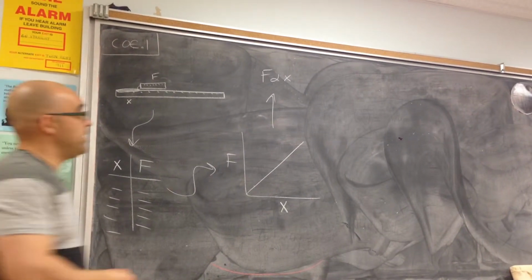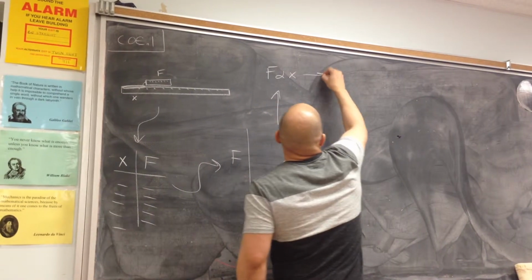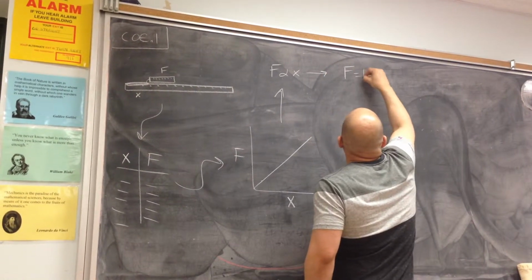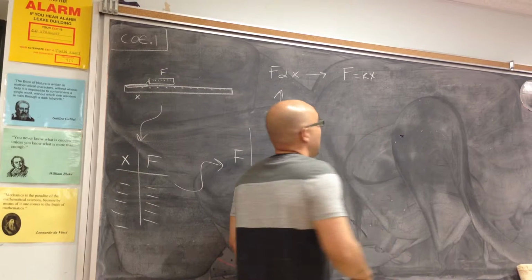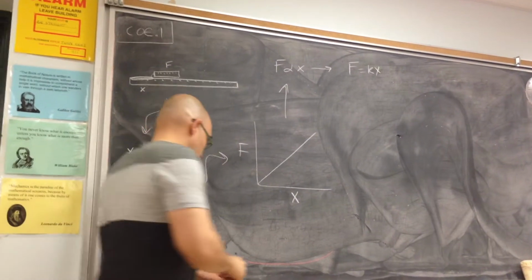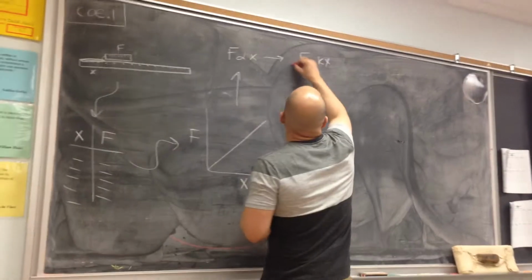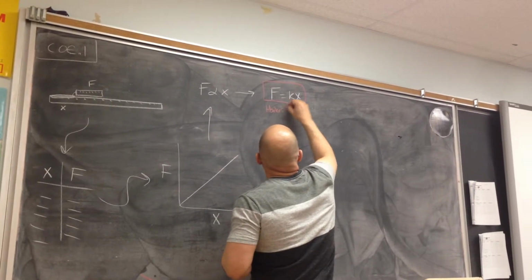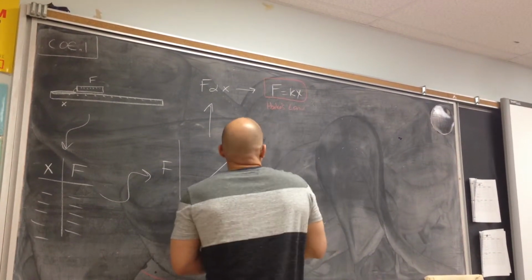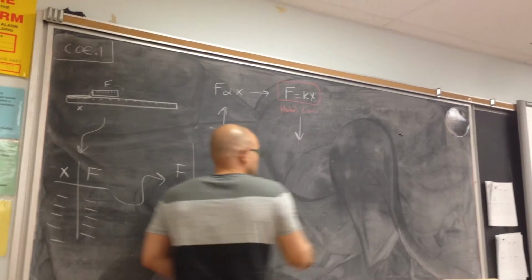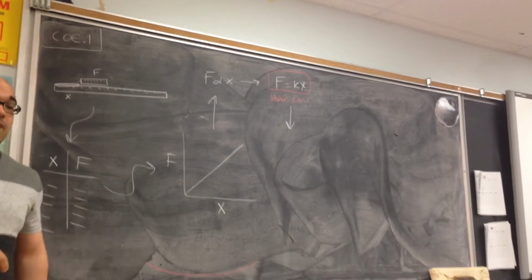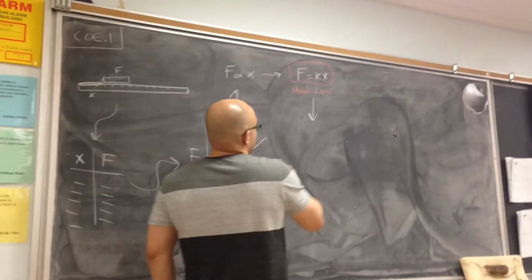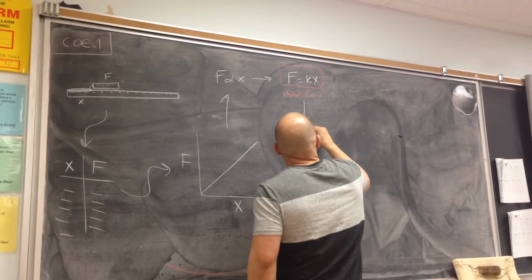To turn this into an equation, we introduce our constant of proportionality, call it K, and this is Hooke's law. Then you could easily solve for the value of K by finding the slope of this graph.